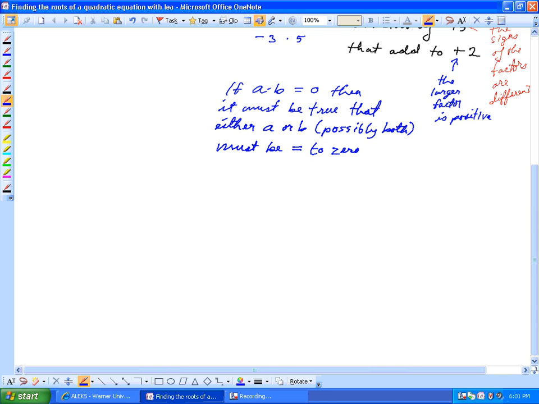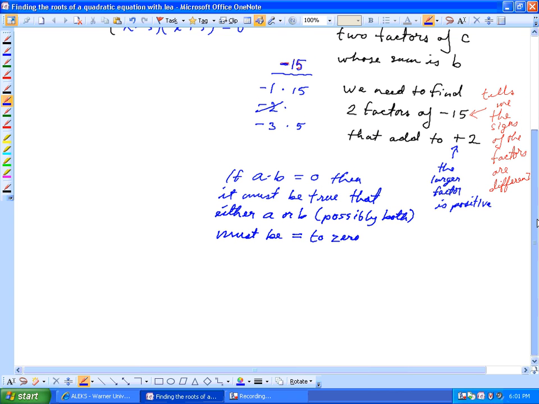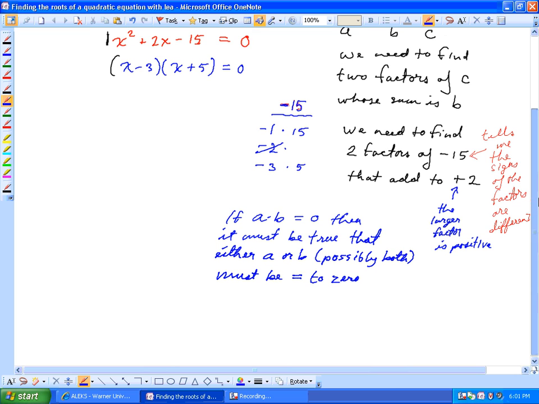That's called the zero product property. If two numbers multiply to give a product of 0, then one of the factors has to be 0. So it's either the case that this is 0 or that is 0.